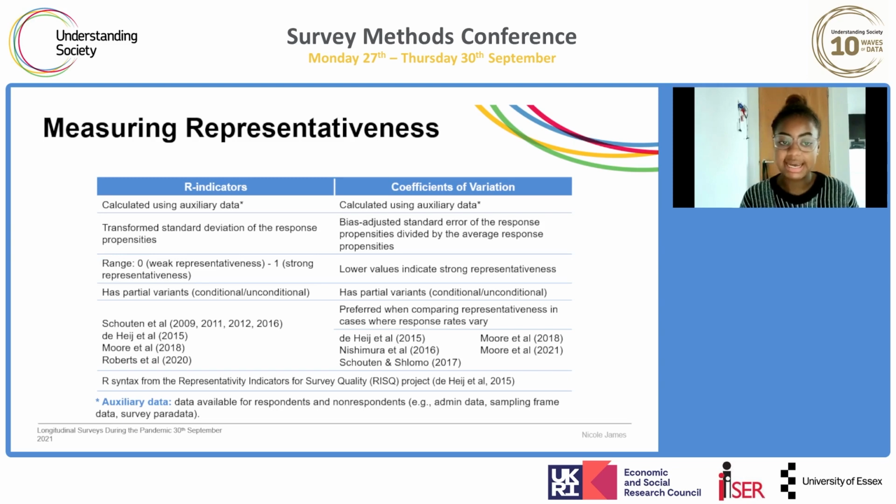So two indicators that can be used to measure representativeness are R indicators and coefficients of variation, also known as CVs. Both are calculated using auxiliary data, and auxiliary data is data that is available for both respondents and non-respondents. So that can be admin data, sampling frame data, and survey paradata.